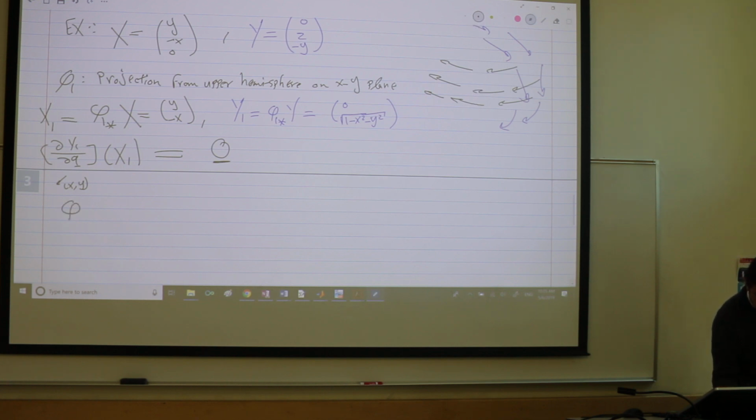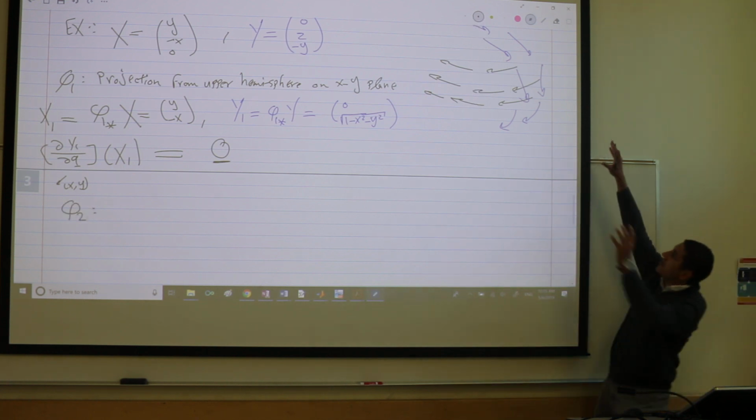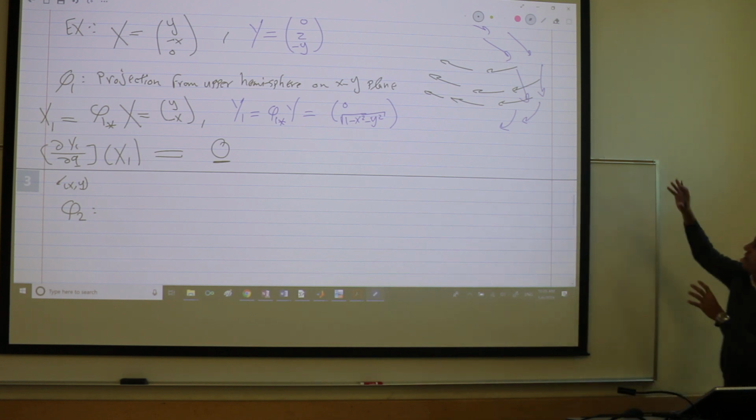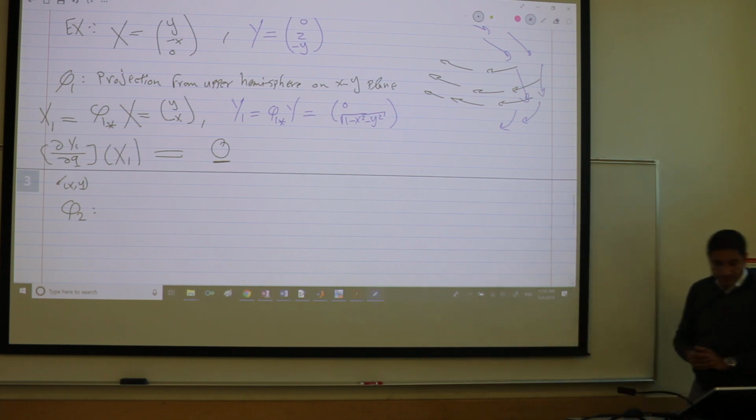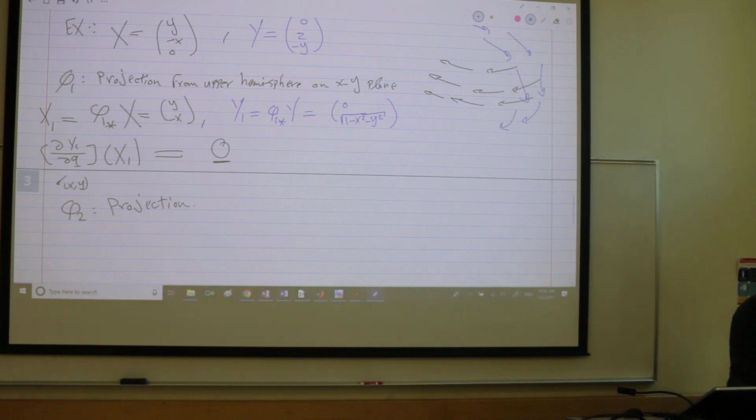So I will do phi 2 now. So we are here in the upper hemisphere. Let's take a part that overlaps. I will take the overlap between the upper hemisphere and the right hemisphere. So phi 2 is now projection from the right hemisphere on the xz plane. And you do the same, you get your x2, phi 2 star times x, which is the x and z, so this is 1 minus x squared minus z squared, and 0.